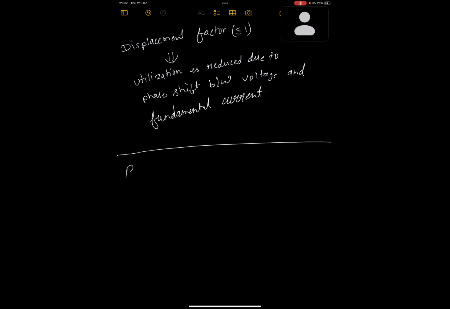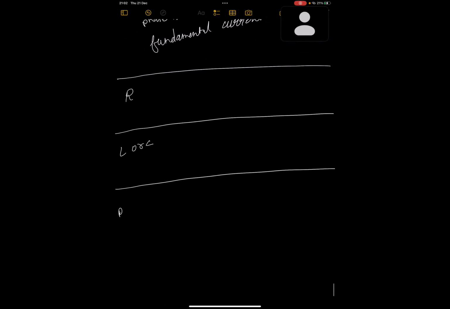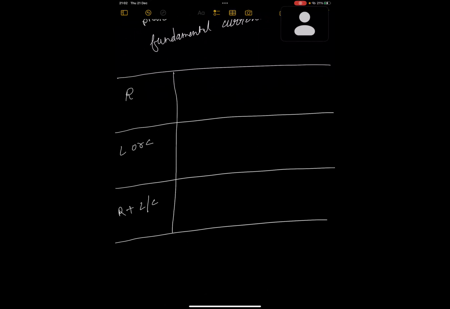One is R. One is L or C. Another is R plus L or C, whatever is given. Three types of combination, where theta V minus theta I is equal to 0 because in resistance, voltage and current are always in phase.